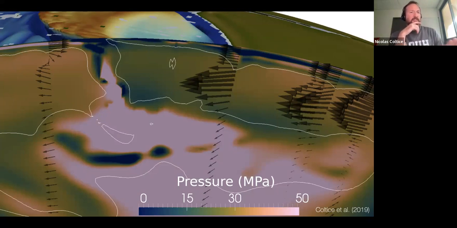And what you can see on the left side is that the velocities at the surface are not in the same direction as the velocities in the interior. And so what it means is that the surface is a sort of tracer of the interior in a way, and the velocities in the plates are not dictated by the mantle, by what is in the interior, but by the pressure gradients within the lithosphere. So you can see a very low pressure at the surface of the slab, which is attracting the plates.